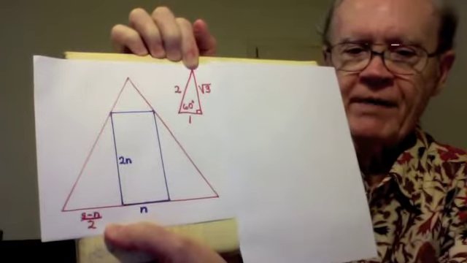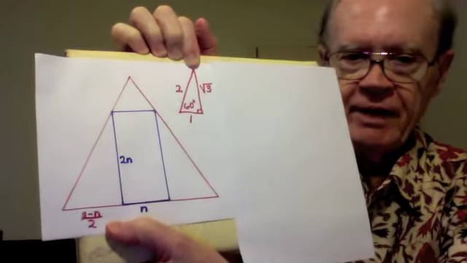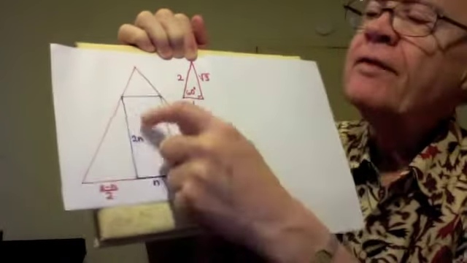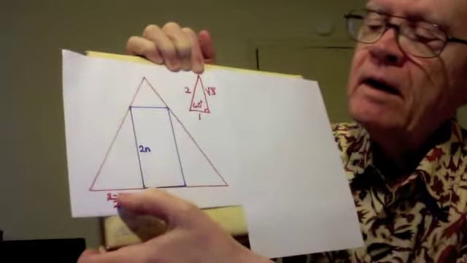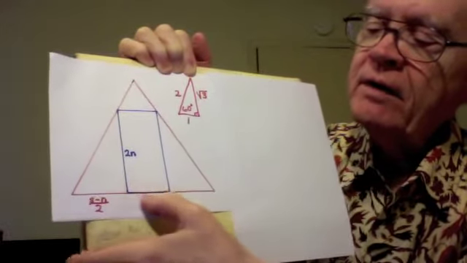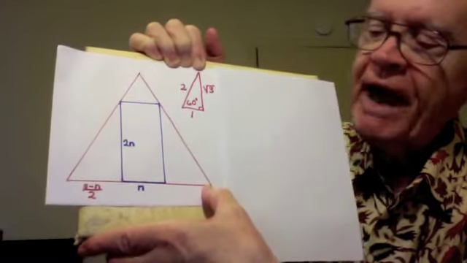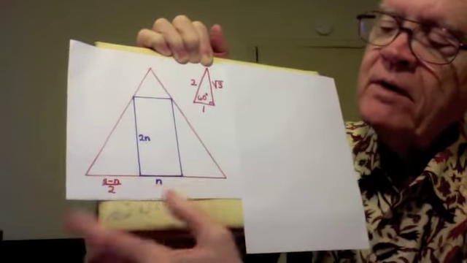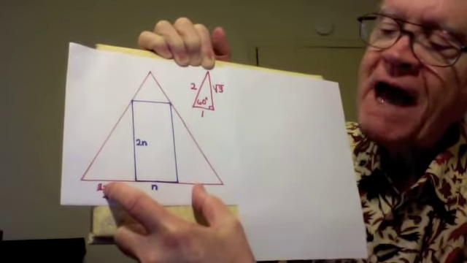So I'm going to apply that relationship to this 30-60 right triangle in the lower left-hand corner of my diagram. This triangle. If we take the entire side of the equilateral triangle and call it S, and we subtract n, that leaves us with these two, and each is half of that.